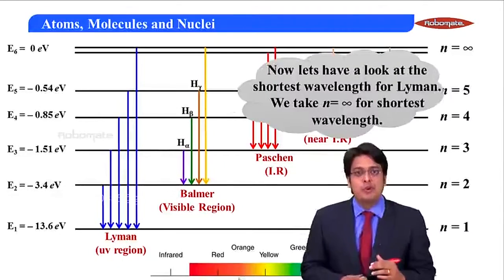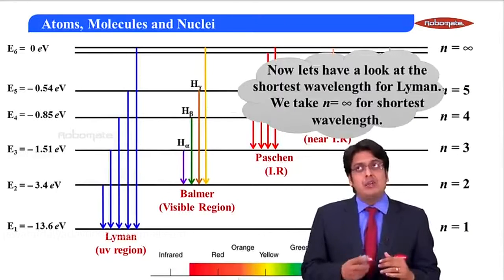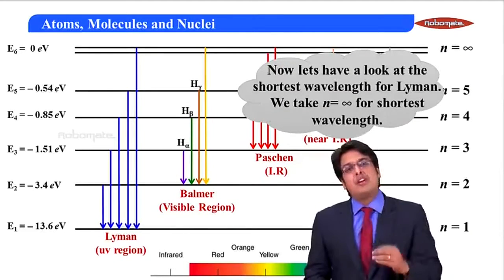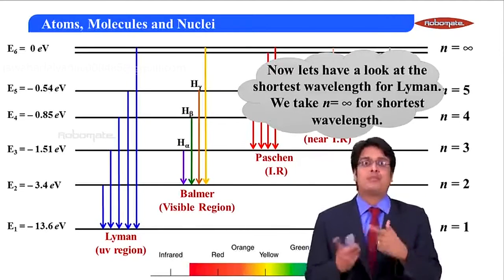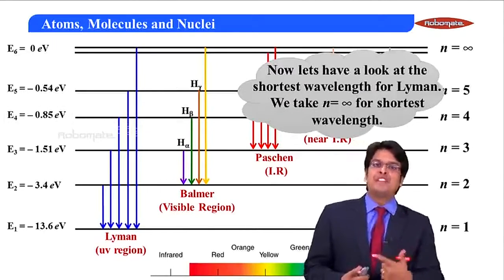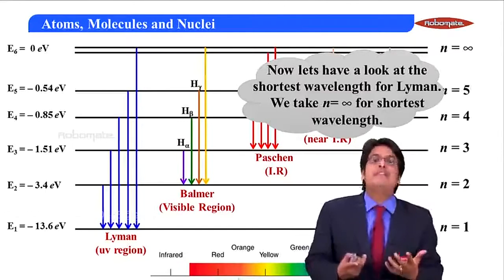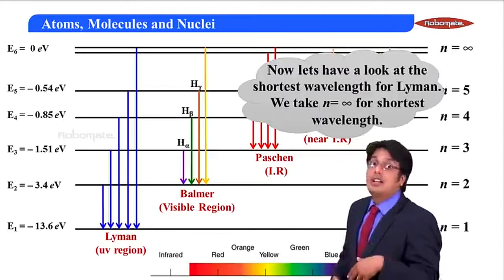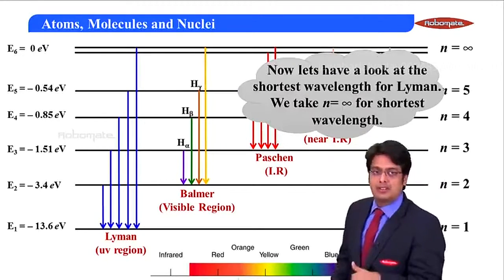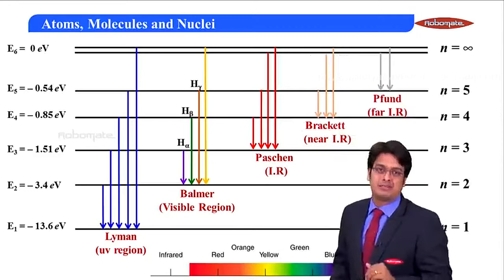But please remember a few more pointers. Let's have a look at the shortest wavelength. Shortest wavelength means the longest line. Why? Lesser the wavelength, more the frequency. Both are inversely proportional. More the frequency, more the energy. So if you are looking for an energy which is high, look at the last line. It jumps from infinity to 1. So it has the shortest wavelength.